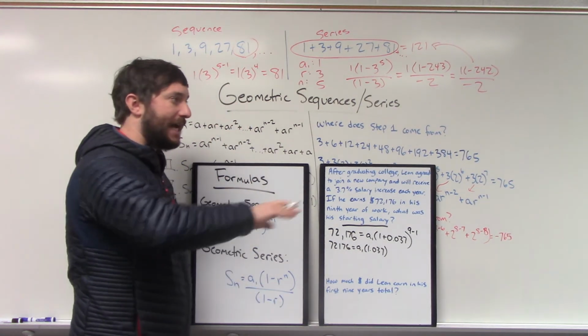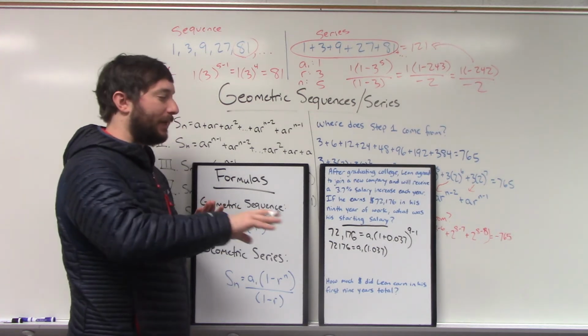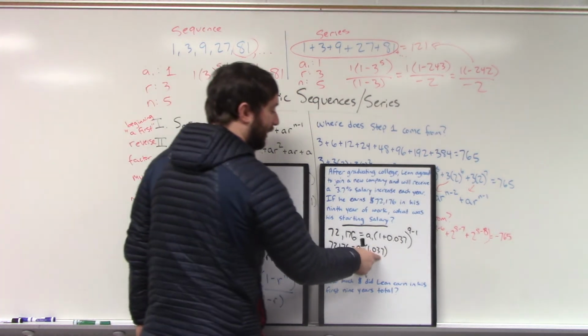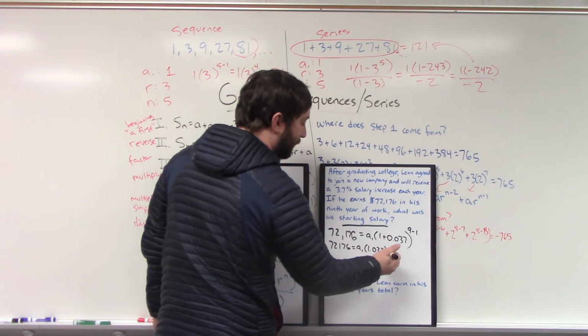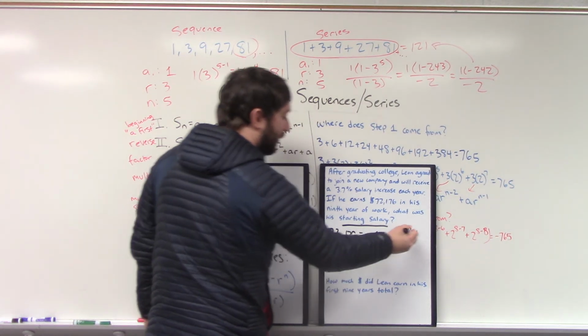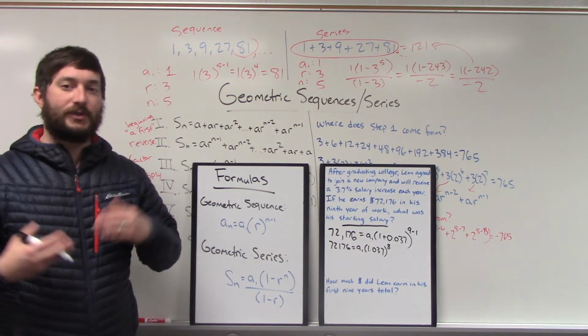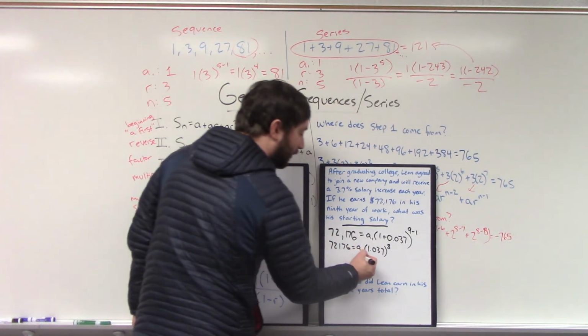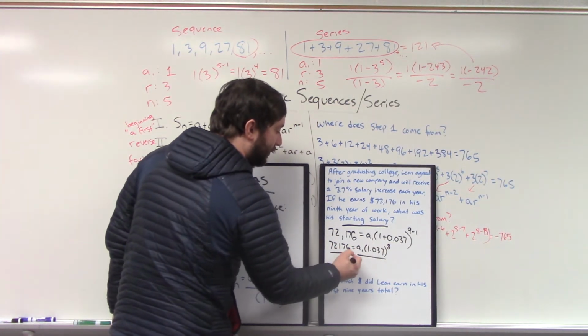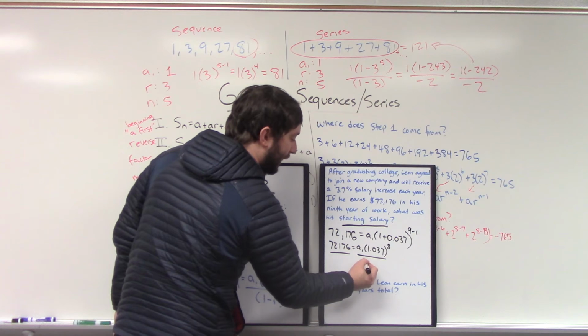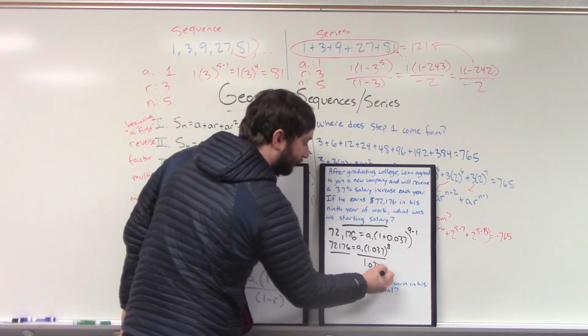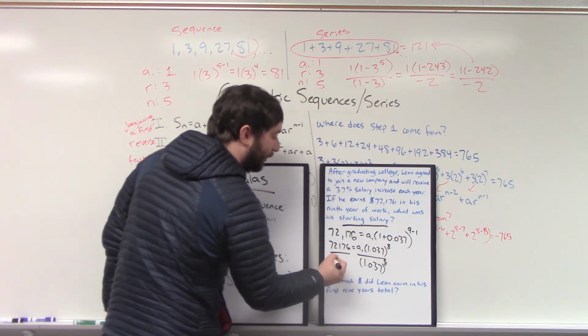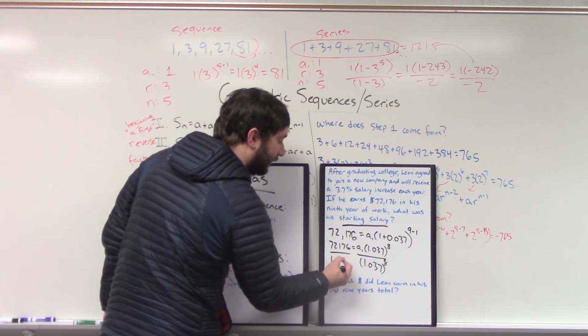That would stay flat if it was just multiplying by 1. Now we're increasing by 3.7%. 9 minus 1 is 8. And if you divide this to the other side of your problem to solve for A, that is how you would approach finding the first year's salary.